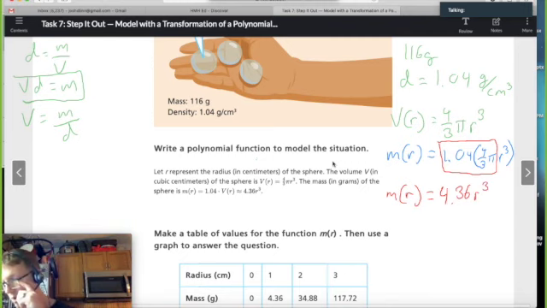So now we've got our x cubed function, and then we've got an a in front of it. So we can then pick some values for r, plug them in, and then of course we will get an answer.